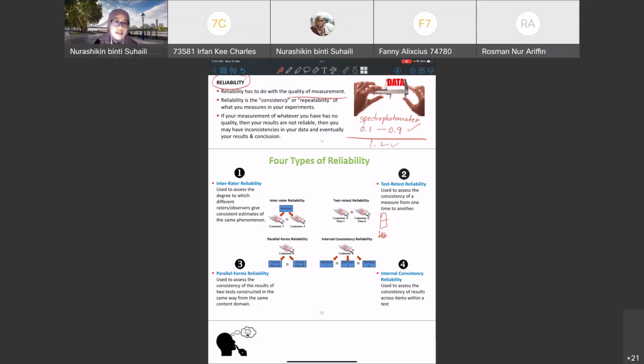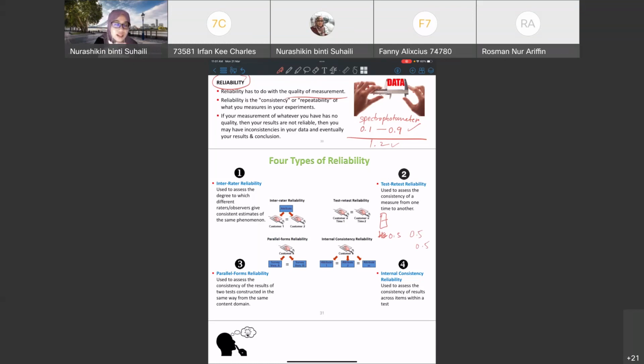So test-retest lah. Let's say for the first time you get 0.5. The second time you test, is it 0.5 back or different? Okay, kalau 0.5 lagi, okay, so it's reliable lah sebenarnya.